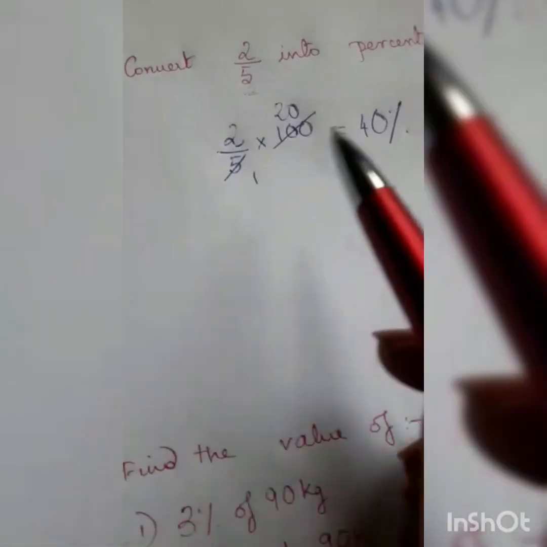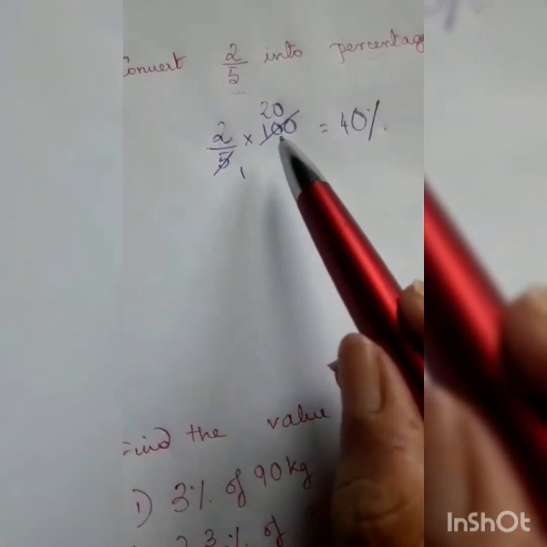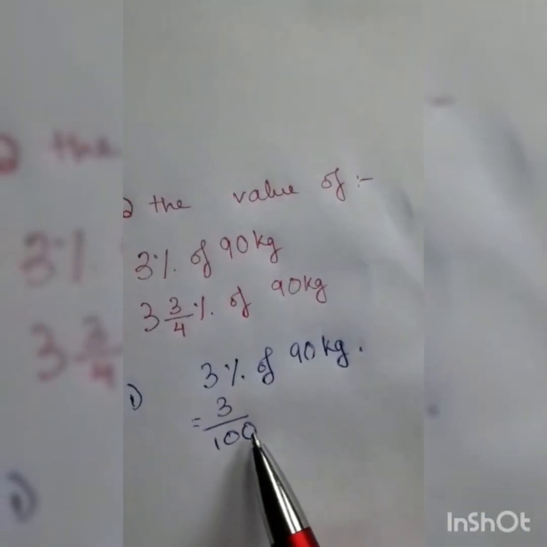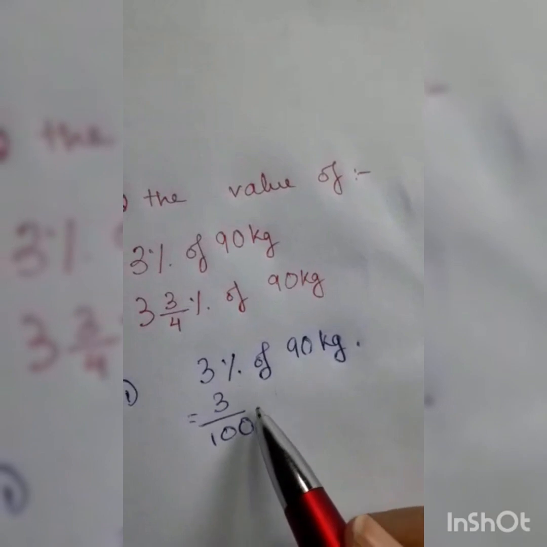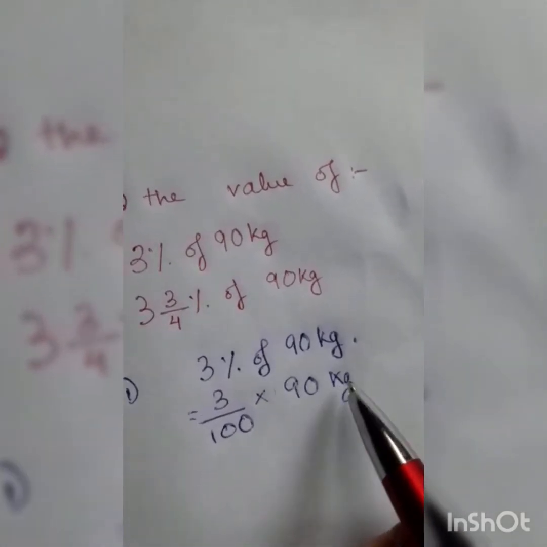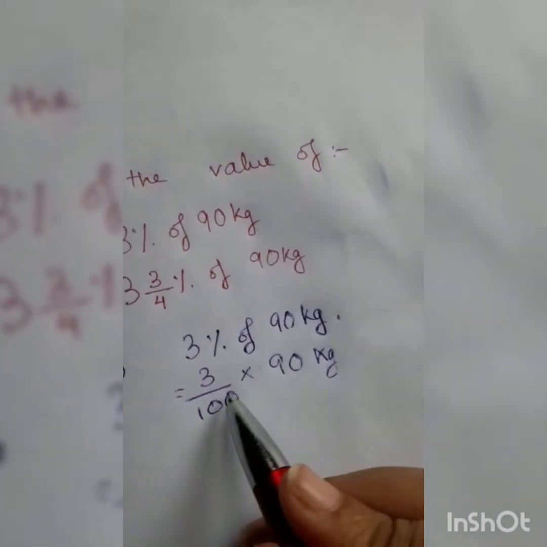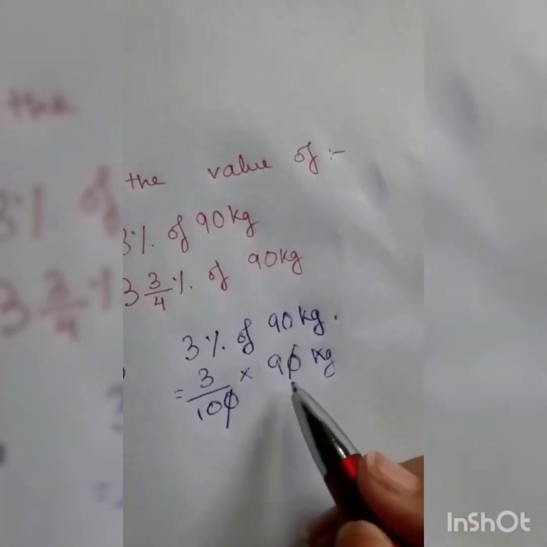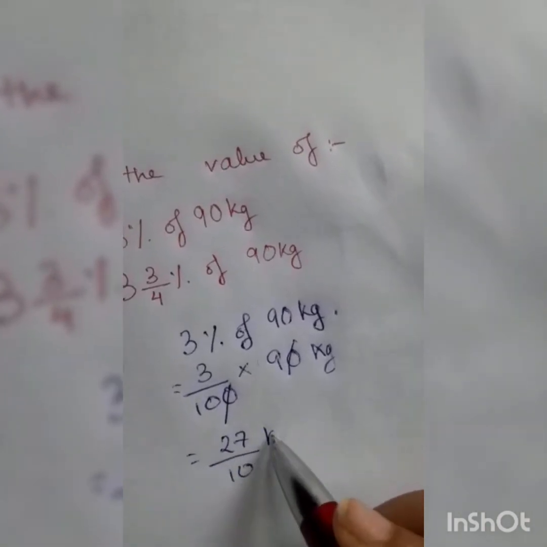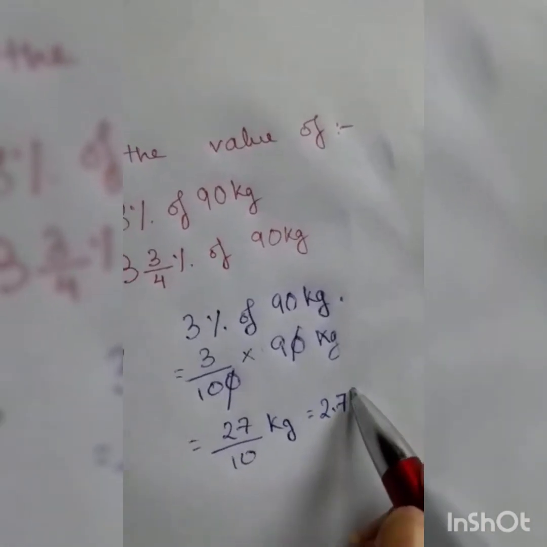To create percent sign, I will multiply by 100. To remove percent sign, I will divide by 100. Of means multiply, 90 kg. Don't forget to give the sign. 0, 0 cancels. You are getting 27 by 10 kg, which is equal to 2.7 kg.